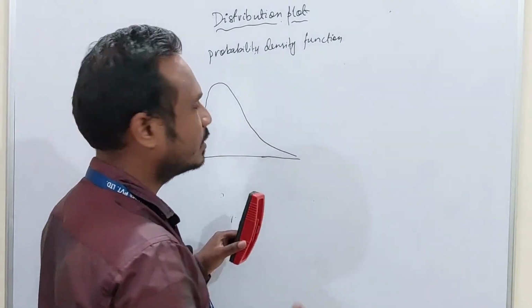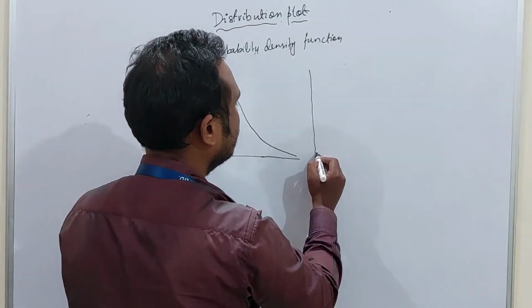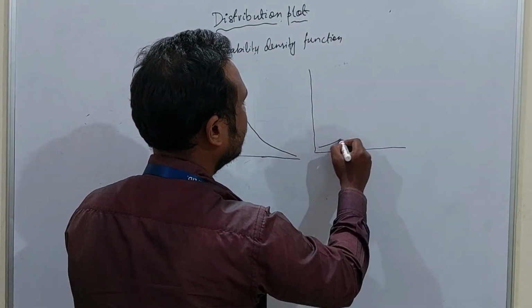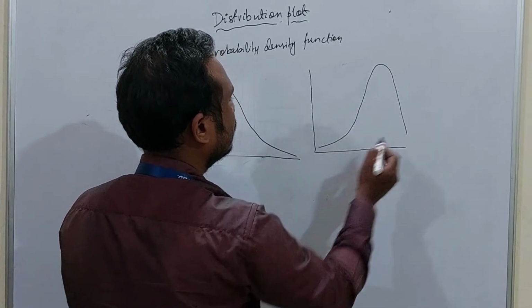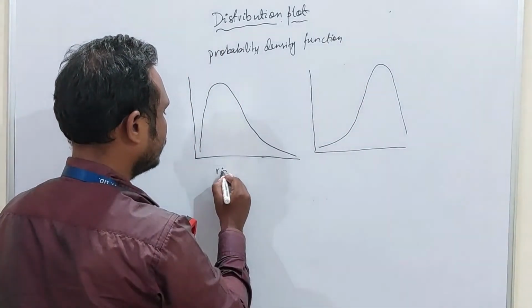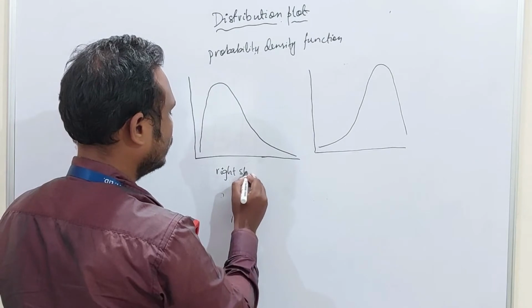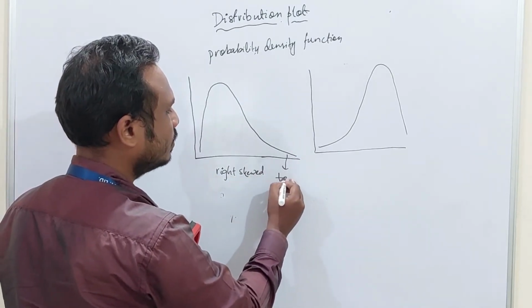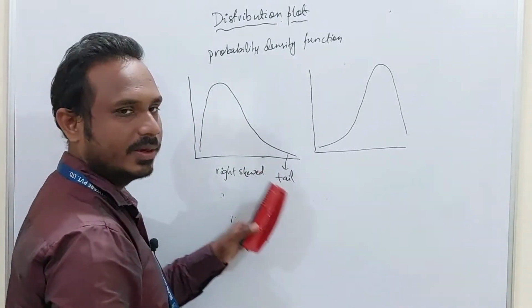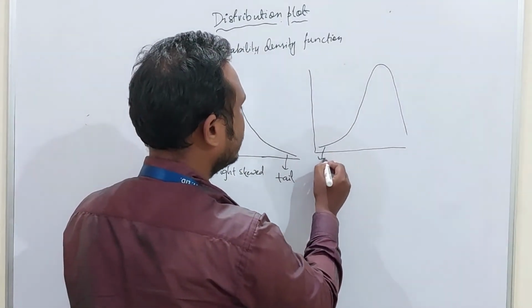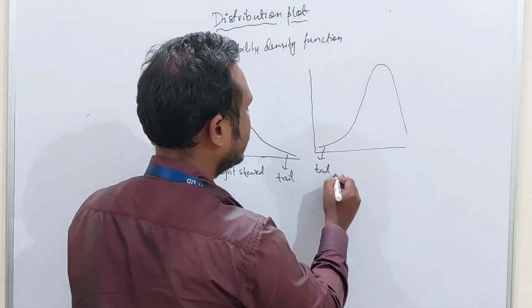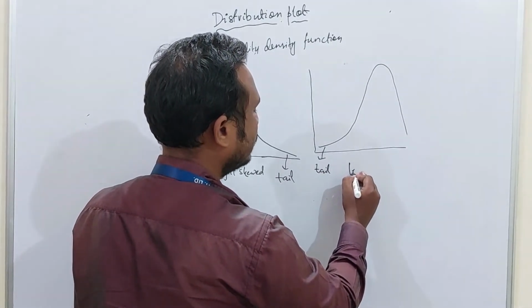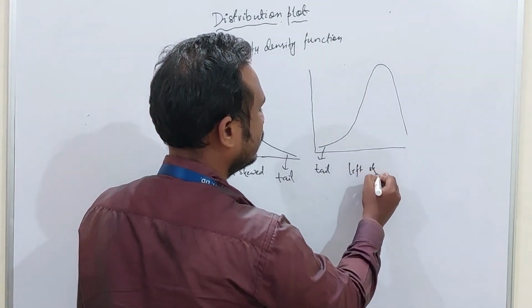The left skewed graph looks like this. It is called right skewed because the tail is in the right position, and this is the tail in the left position, so it is called left skewed.